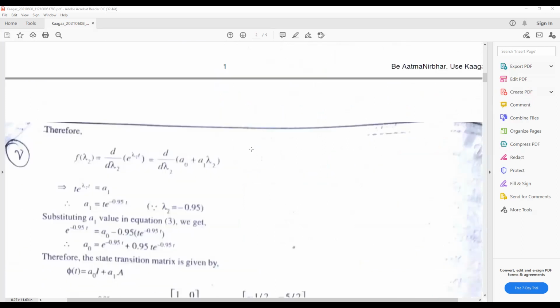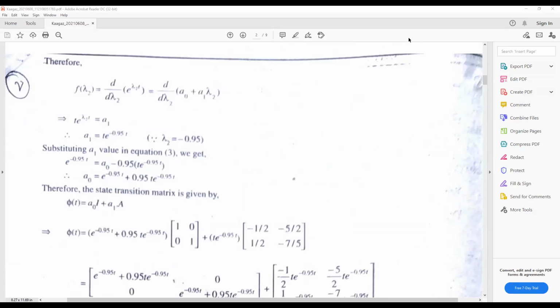Next, substitute lambda 2 in the equation. Substitute lambda 2, so f of lambda 2. For the second equation, the second root is also the same. Suppose the first root is minus 0.95 and lambda 2 is, for example, minus 0.8, that is, lambda 1 and lambda 2 are not equal.